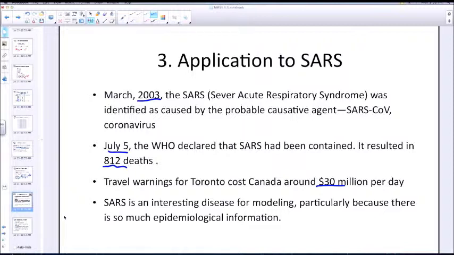Just one airport in Canada cost $30 million a day just to do the quarantine to the people. So that's an interesting question, because we have all the epidemiological information. So we can do the research to simulate the problem.